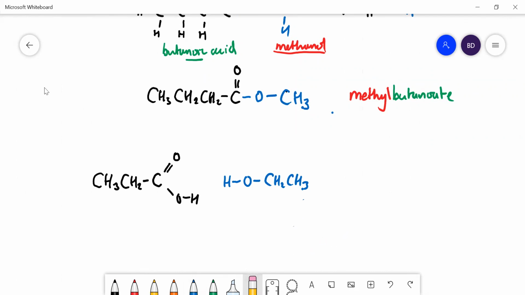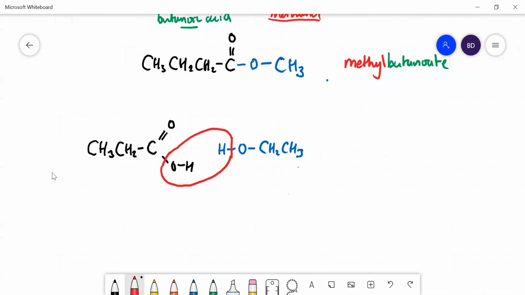Now we're going to form an ester there. Once again, we're going to break this bond between the carbon and the oxygen, and we're going to break that bond there. And that is going to be taken out, and that's going to form water. So let's draw the product there.